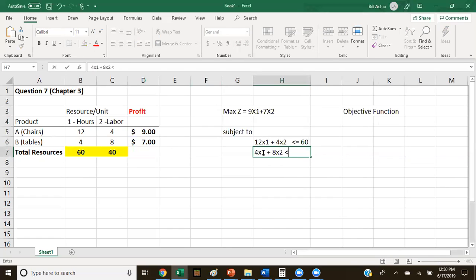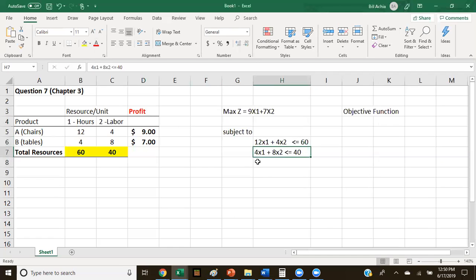And this is limited to a maximum of 40. Okay, so we can only use as much as 40 units of that specific resource. We have a maximum of 60 hours here, maximum of 40 laborers there. We cannot go above what we have.